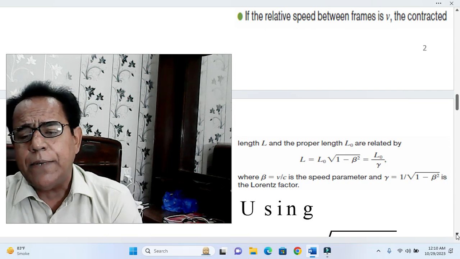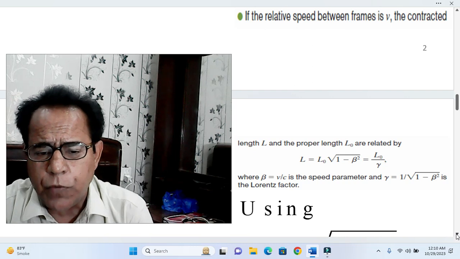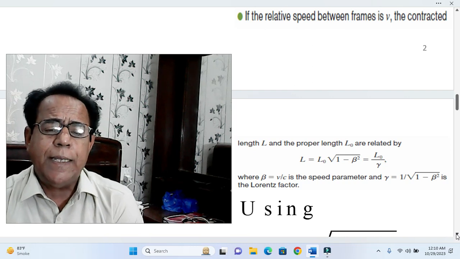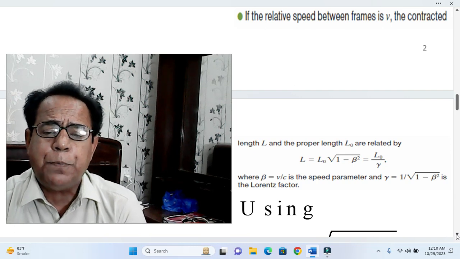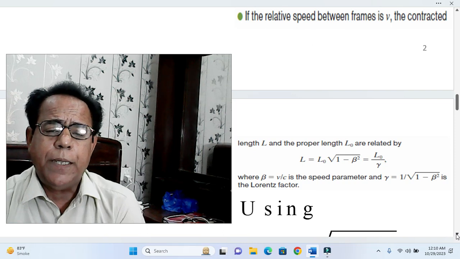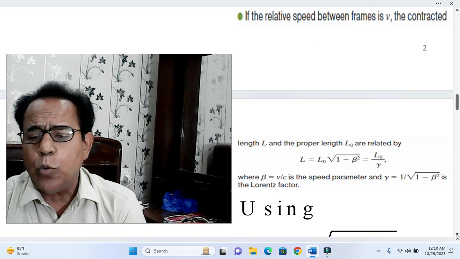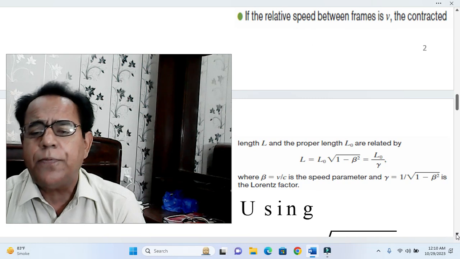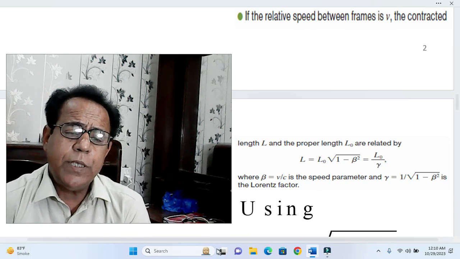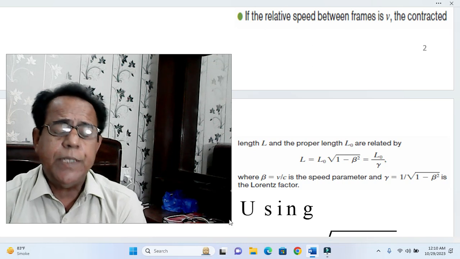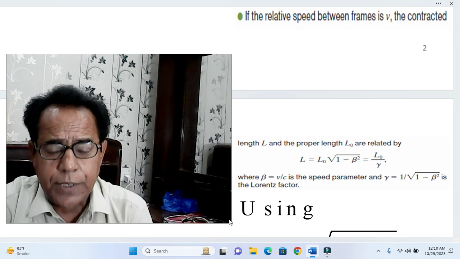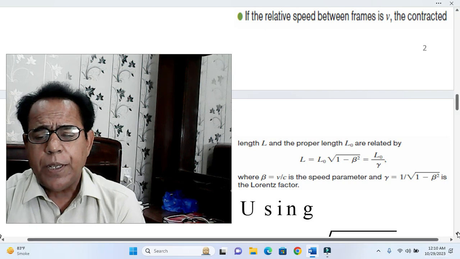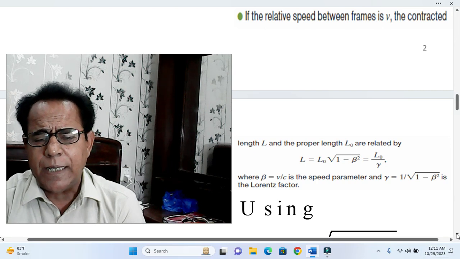This alternatively becomes equal to L naught over gamma, where beta equal to v over c is the speed parameter. Okay, and gamma equal to 1 over under root 1 minus beta square is the Lorentz factor. Okay, so this snapshot was included in our problem just to clear Lorentz factor and speed parameter.